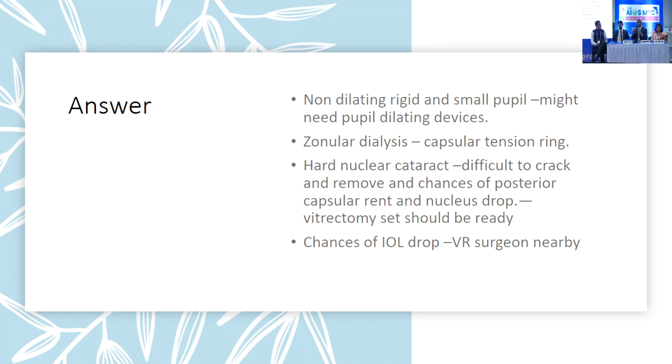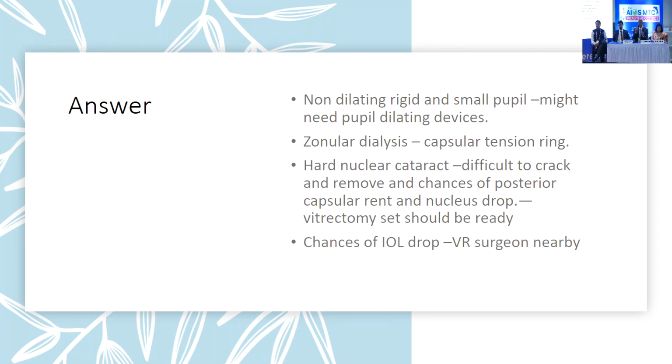You should not go for phacoemulsification. There are chances of IOL drop and you need a VR surgeon nearby. It is not required if you go for SICS. And all modern people should think of SICS when there is pseudoexfoliation.